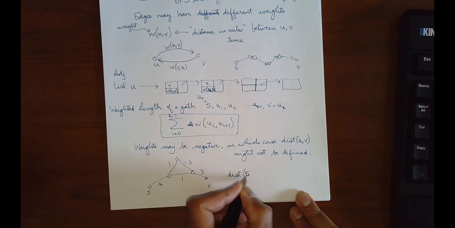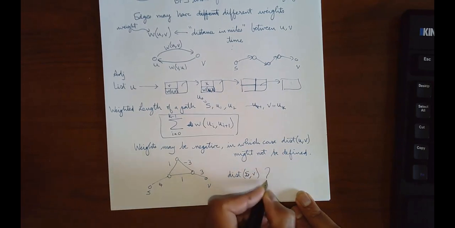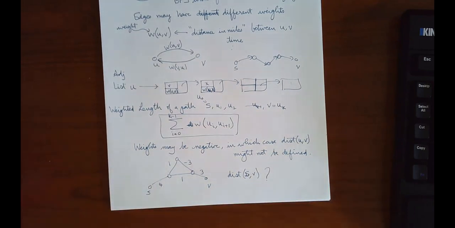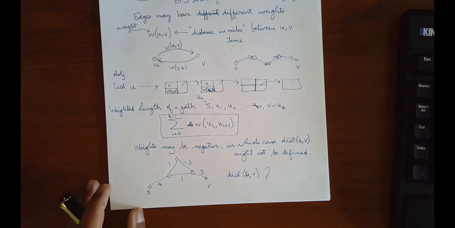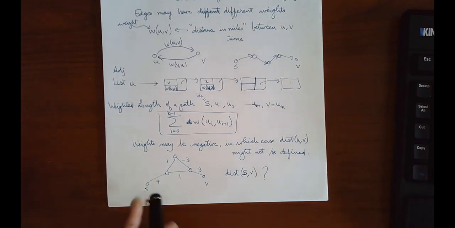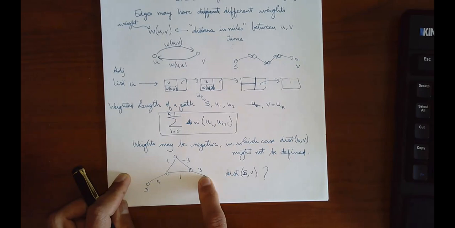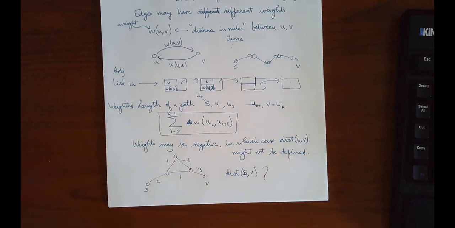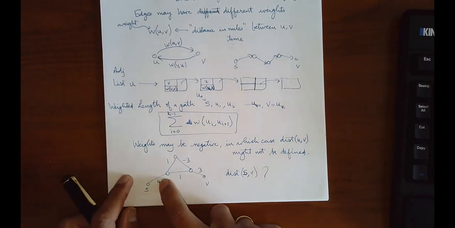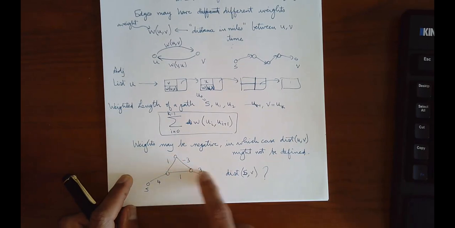So what is the distance from S to V? Someone want to take a guess? 8. So you went 4, 1, 3. But I can do better than 8. 5. Okay, you can go to 5. You go 4, 1, -3, and 3, and you get 5.